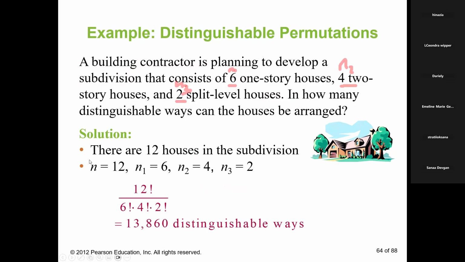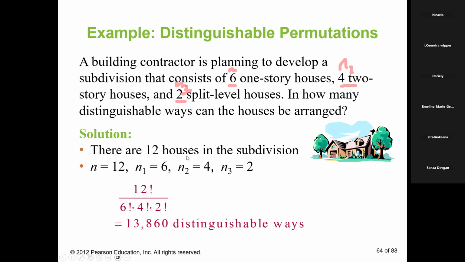There are 12 houses in the subdivision. N equals 12, N1 is 6, N2 is 4, 6 plus 4 is 10, 10 plus 2 is 12. So that will give you 12 factorial over N1 is 6, 6 factorial, N2 is 4 factorial, and then N3 is 2 factorial.